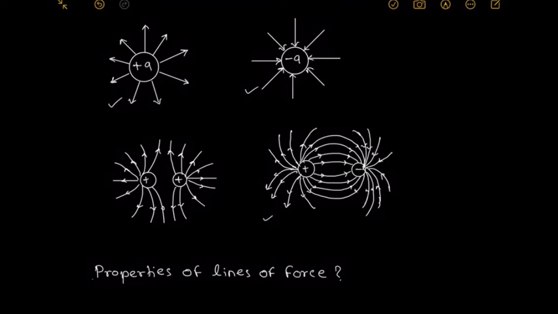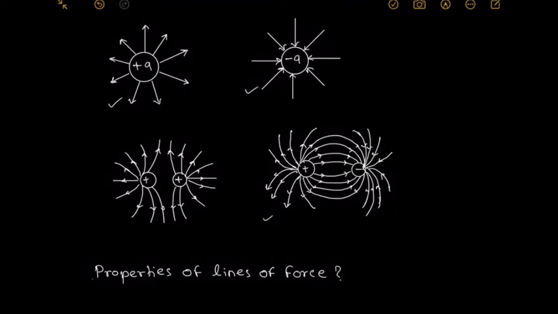Secondly, if a tangent is drawn to a line of force at a point, it gives the direction of the electric field at that point. Third property we note is that they cannot form a closed loop. That is shown if we consider two unlike charges and how they behave. They do not form any closed loops.